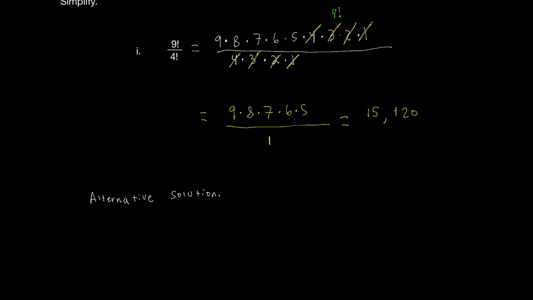So if we wanted to simplify 9 factorial over 4 factorial, I would expand 9 factorial in this unique way. I would do it as 9 times 8 times 7 times 6 times 5 times 4 factorial.